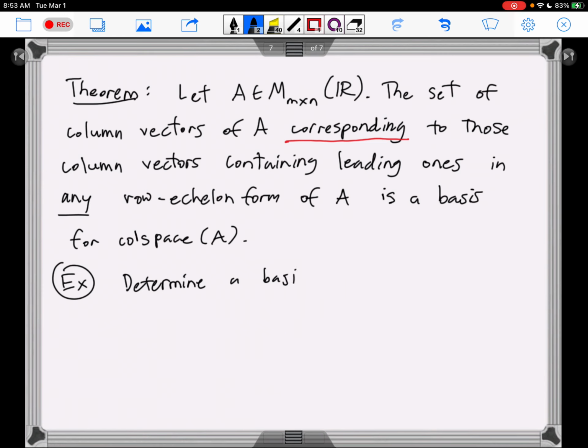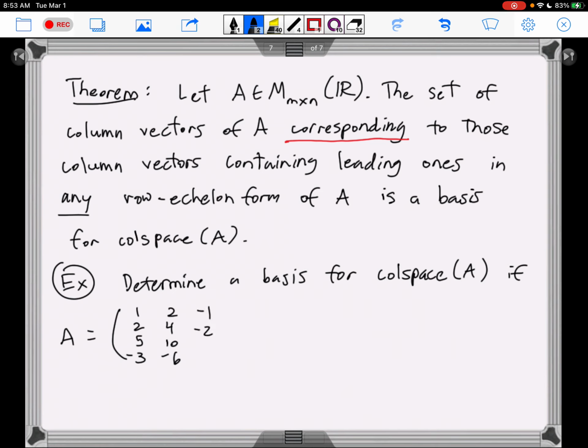Determine a basis for the column space of A if A is equal to 1, 2, 5, negative 3, 2, 4, 10, negative 6, negative 1, negative 2, negative 5, 3, negative 2, negative 3, negative 3, 2, negative 1, negative 1, negative 1, 1.